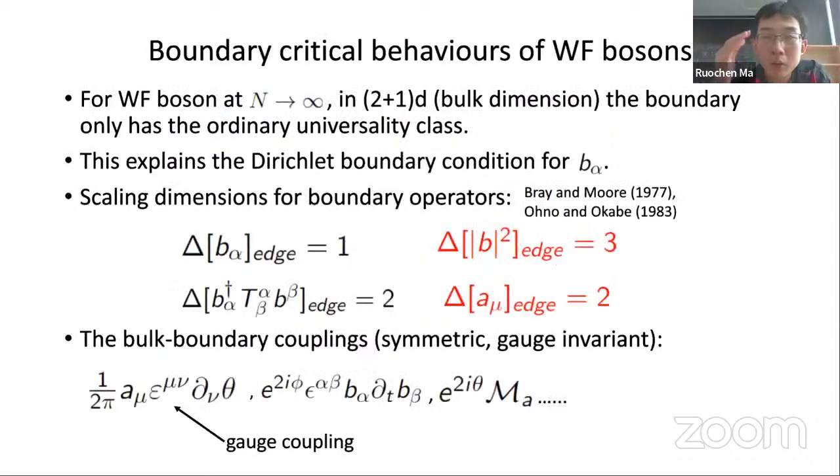For an ordinary Wilson-Fisher boson, there are 3 possibilities: the ordinary phase boundary transition, the special transition, and the extraordinary phase transition. These are the 3 possible boundary criticalities of a Wilson-Fisher boson. And for the Liujun limits in 2+1 dimensions, there is only one ordinary universality class.